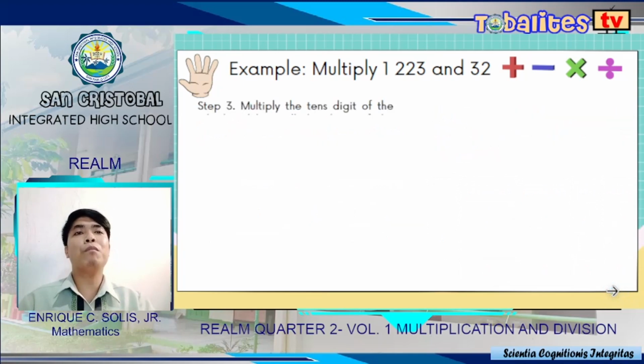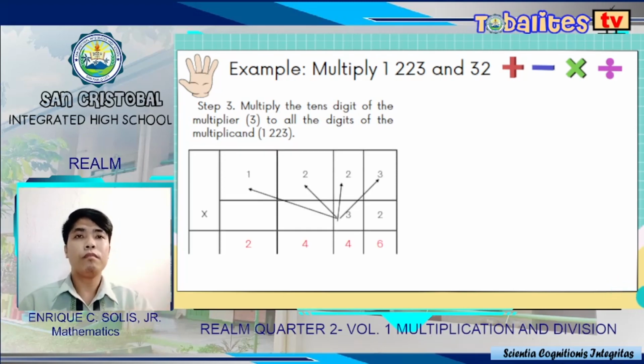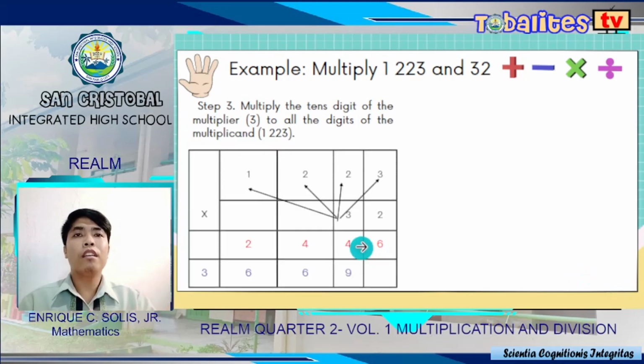Next, after multiplying the ones digit, you are going to multiply the tens digit of the multiplier, which is 3, to all the digits of the multiplicand, 1,223. To further understand, let us look at the table. Since we are multiplying the tens, we are not multiplying 3. We are multiplying 30.